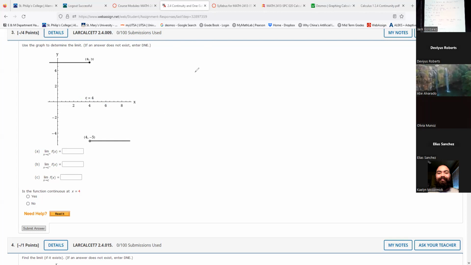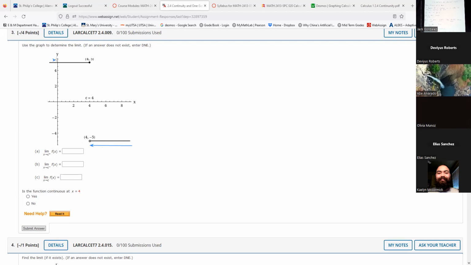From the right, where's that arrow? There it is. As we approach 4 from the right, what y value are we approaching? Probably -6 or -5. They kind of tell us right here, right? But it looks like it could be either if we eyeball it.